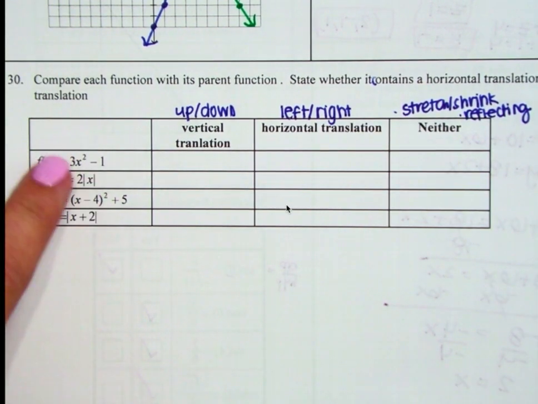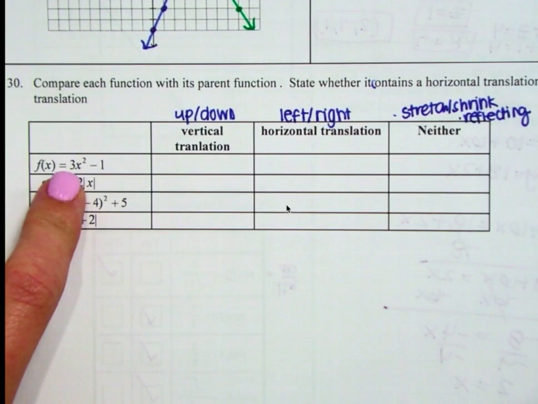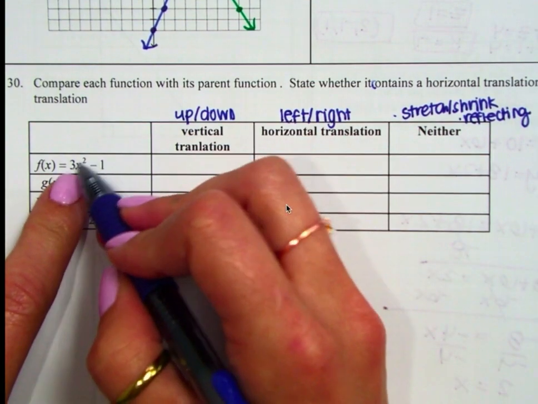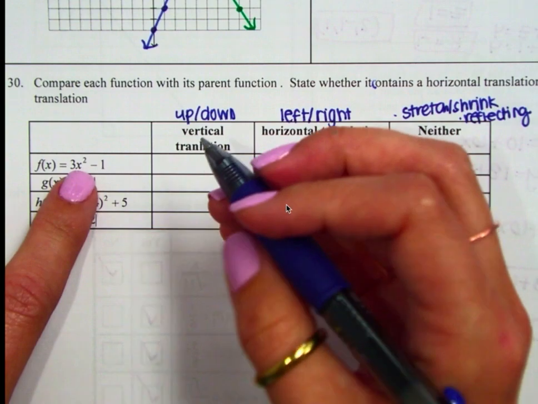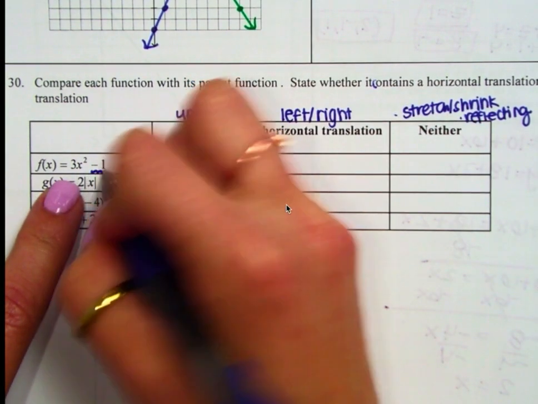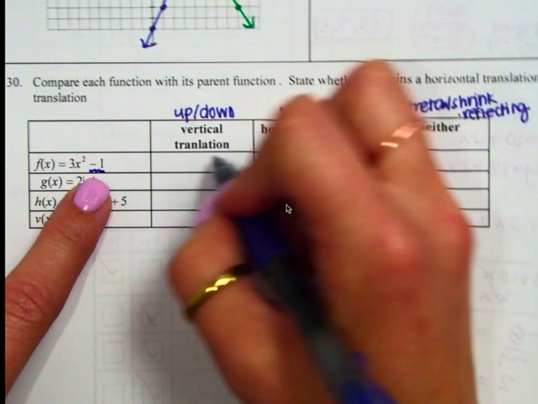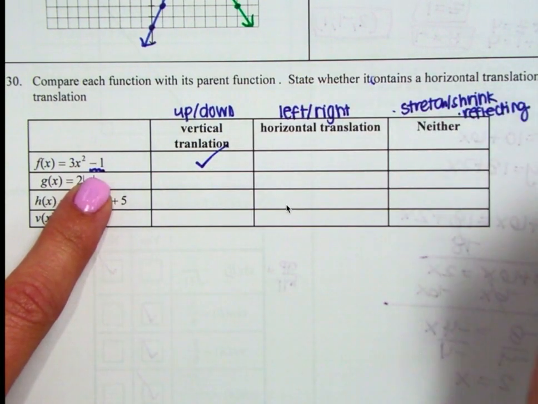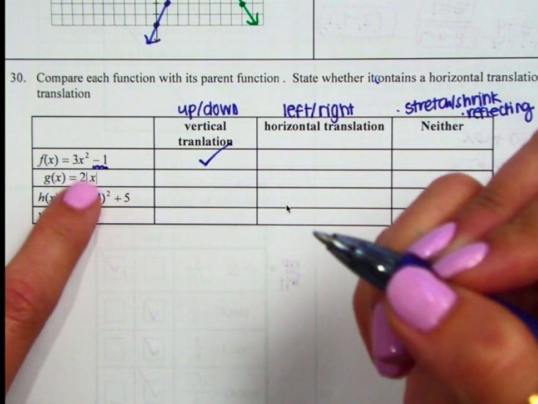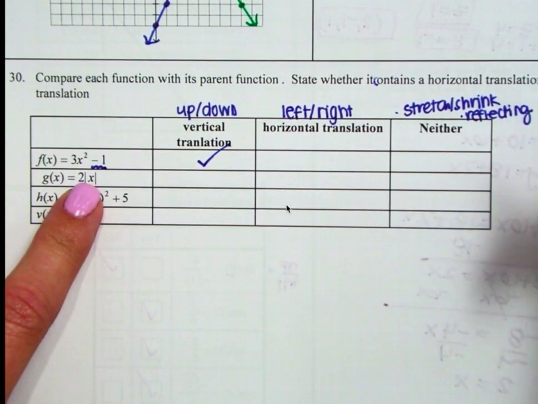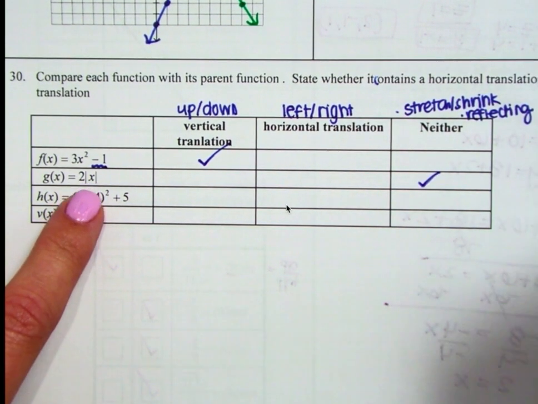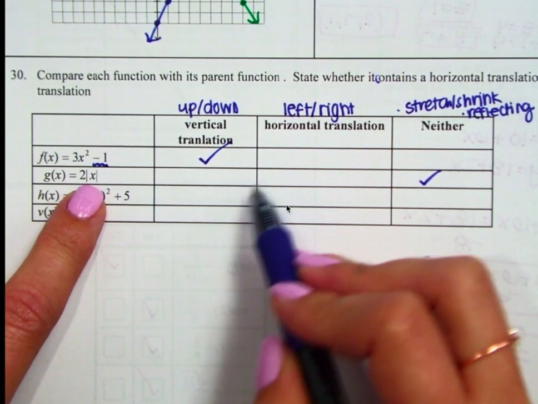These are instances of not translations where you might see. Okay, so right here we have a vertical stretch. That doesn't tell us anything for the 3, but this is translating down 1. So translating down 1 means this is going to be a vertical translation. Okay, for g of x, this is a vertical stretch and that's it, nothing else. So this is just neither, it has neither type of translation.